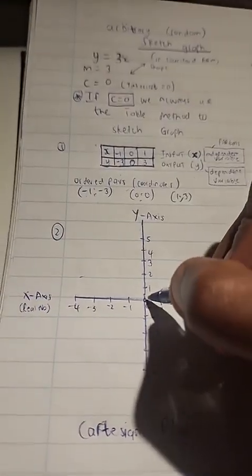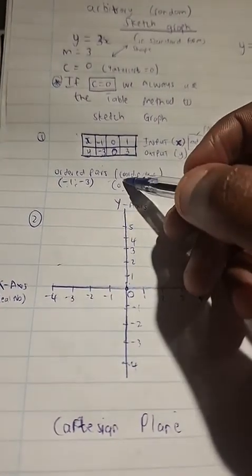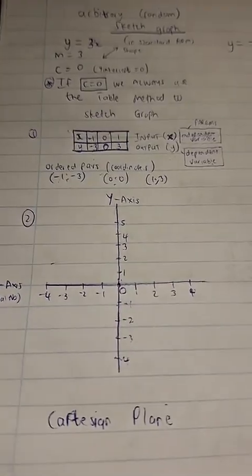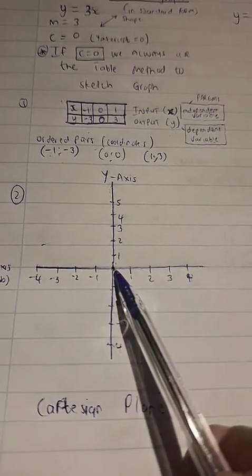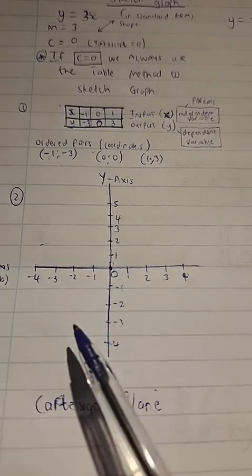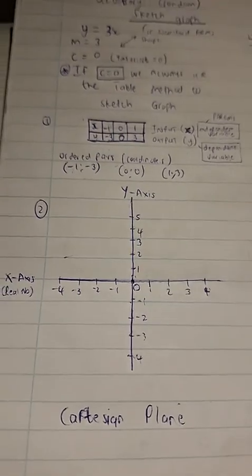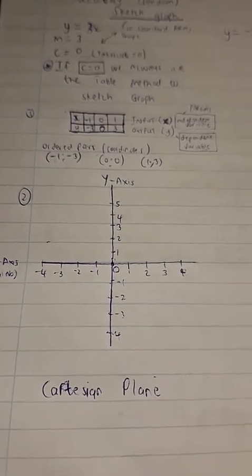So here at the center, this is the point that we call 0, 0. So I'm marking that point as a point where I'm going to cross the y-axis. Because that is my y-intercept.